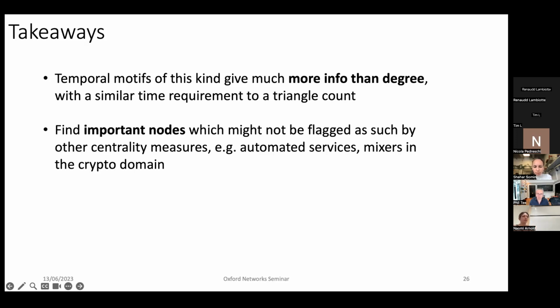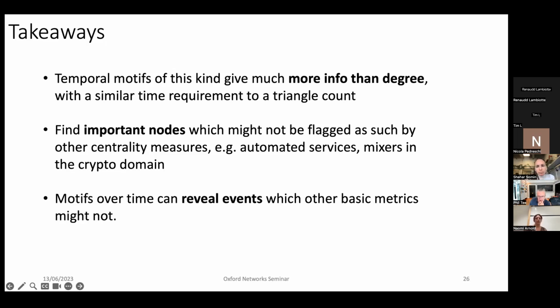And then yeah, we found some important nodes which are not necessarily flagged up, or at least not in the very top 5-10, using other centrality measures like degree. And this could be quite interesting in the crypto setting with the different services and roles in the network.